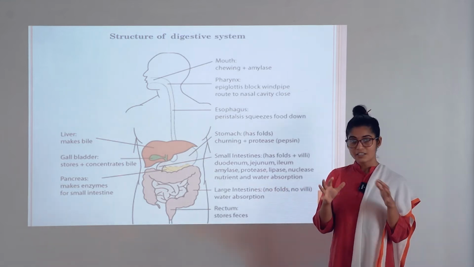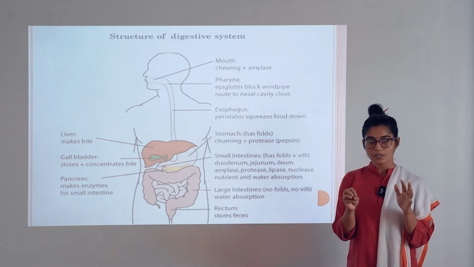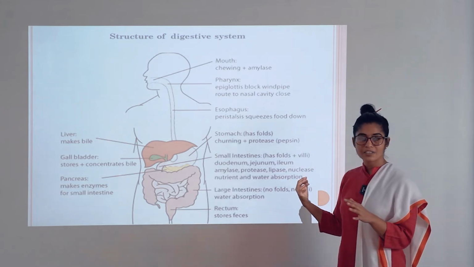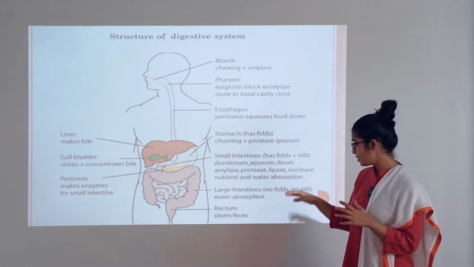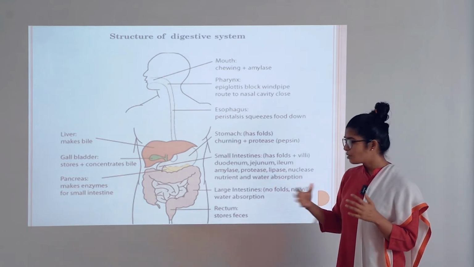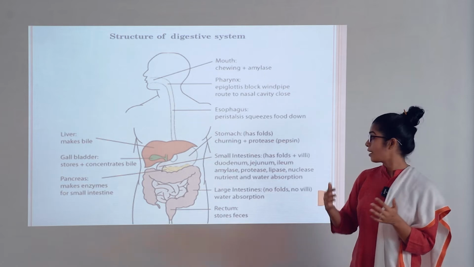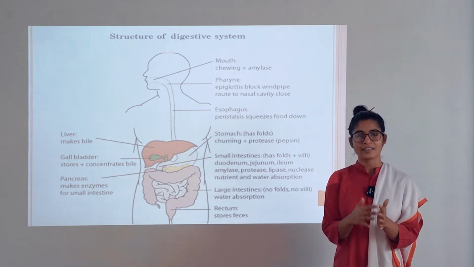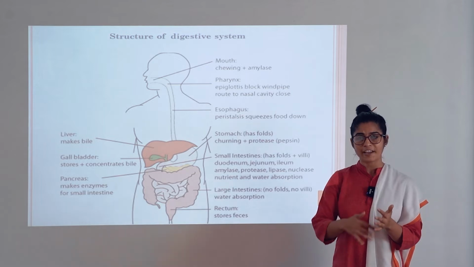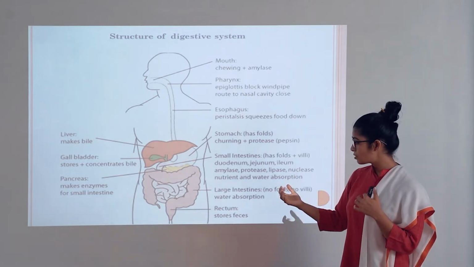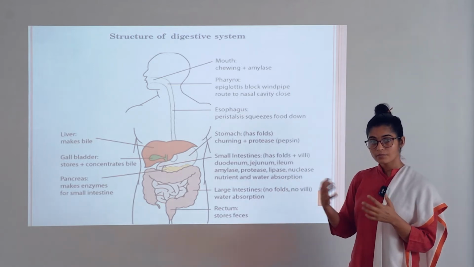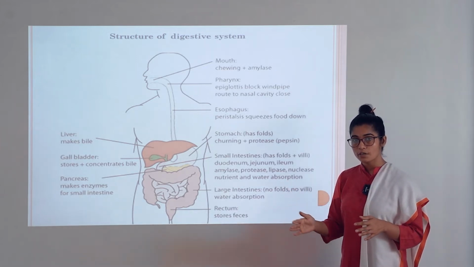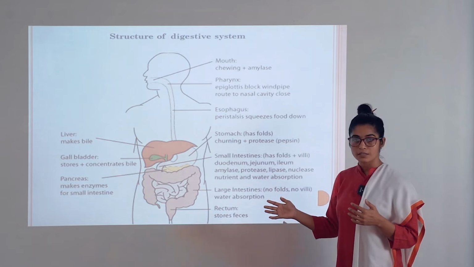Then what we see next is the large intestine. The large intestine has no folds, no specific structure inside, and has no villi, as the small intestine has. After the small intestine, all the food nutrients are absorbed by the villi. Any remaining waste moves forward towards the large intestine.